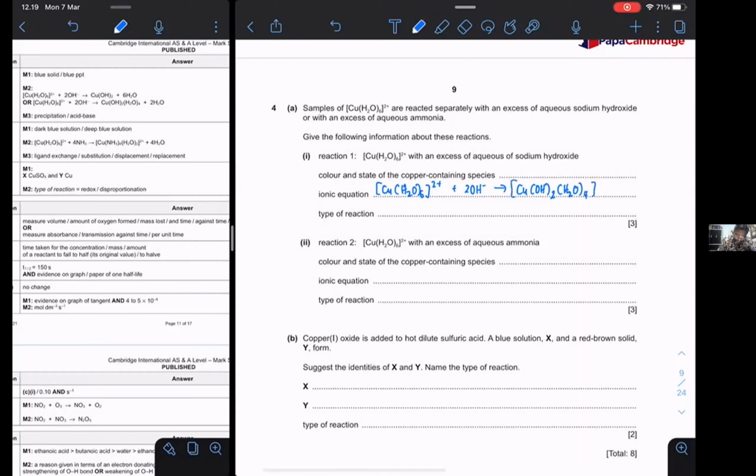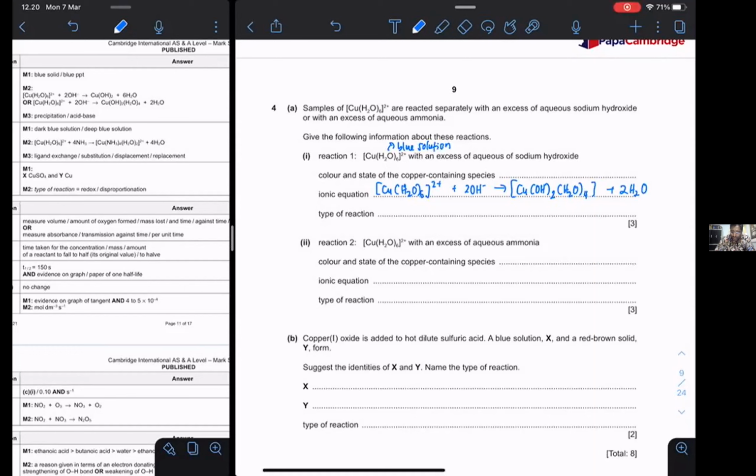Previously you have 2 plus, and now you are bringing in 2 minus, so this is going to give you a neutral molecule, a neutral complex, and you will have 2H2O over there. So for the color and state of the copper containing species, this is going to be a blue precipitate.